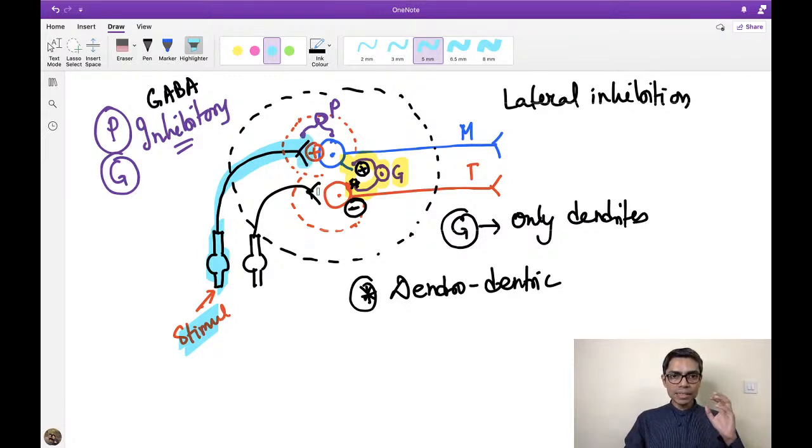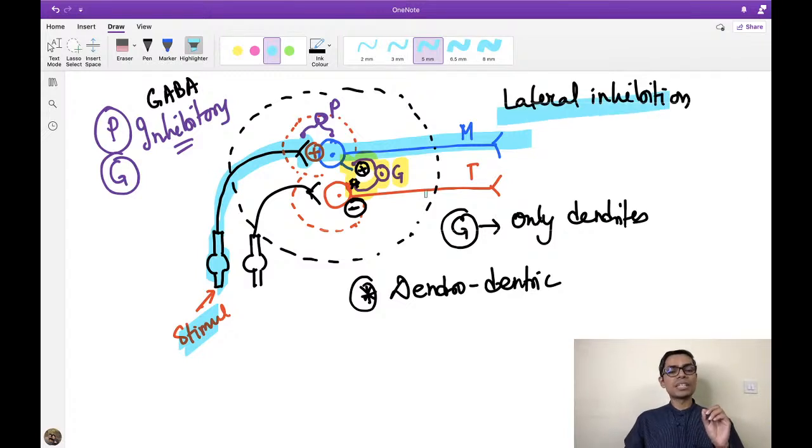But if the surrounding neuron is not inhibited, then this signal will not be prominent. So by inhibiting the surrounding pathway, you are focusing on only one type of signal. The brain is focusing on only one type of signal by inhibiting the nearby neuron. This is known as the sharpening of the signal. This is nothing but contrast enhancement.